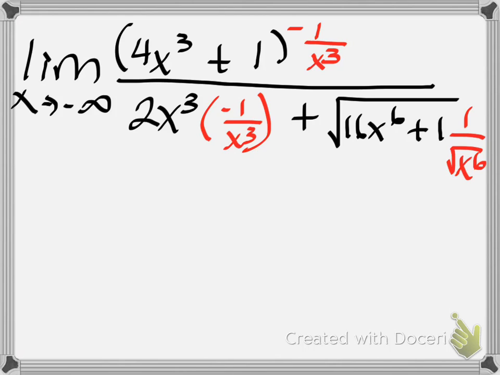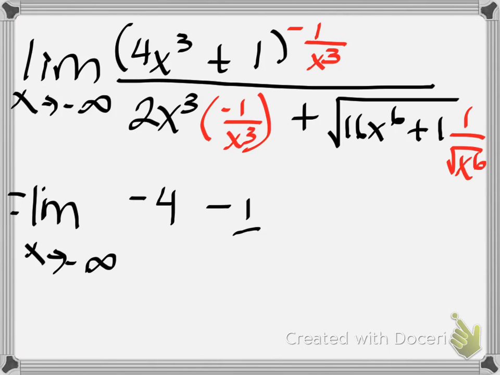So then we have to reduce the limit. I now have the limit as x approaches negative infinity. On top I have a 4x cubed times negative 1 over x cubed, which is just negative 4, and then a positive 1 times negative 1 over x cubed, so that one's going to turn into a negative. Then on the denominator, a 2x cubed times negative 1 over x cubed, which became a negative 2.